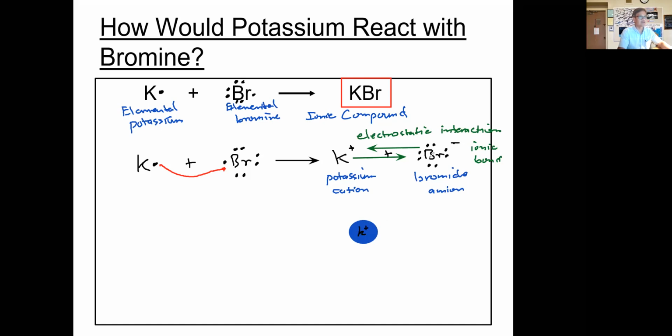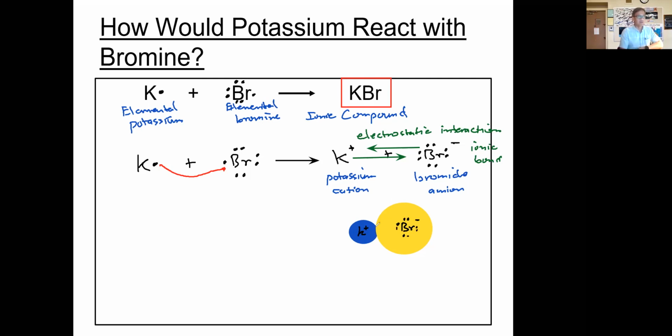So it's going to start drawing in this bromine anion. So let's go ahead and imagine that. Okay, so here's our bromine anion, and they're going to get together, and then they will get to a point where they will overlap, or they will get close enough where they will interact. And this is our bromine anion. And hopefully you see why I'm drawing the bromine anion larger than the potassium cation, roughly, because anions tend to be larger.